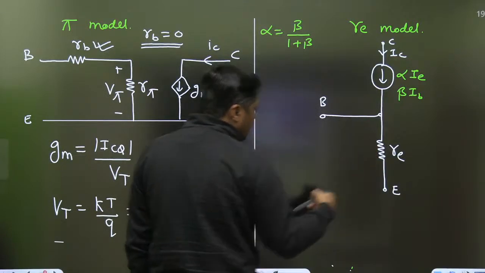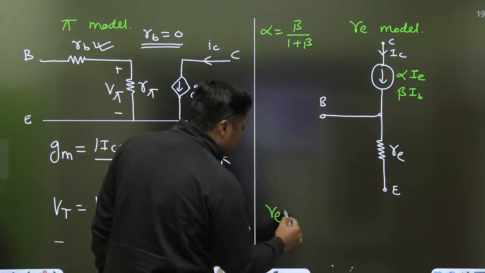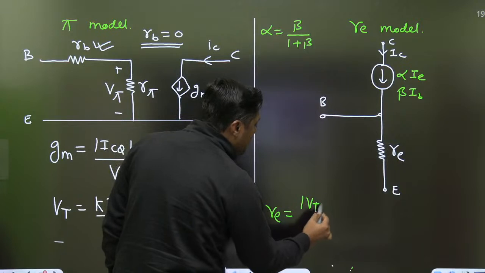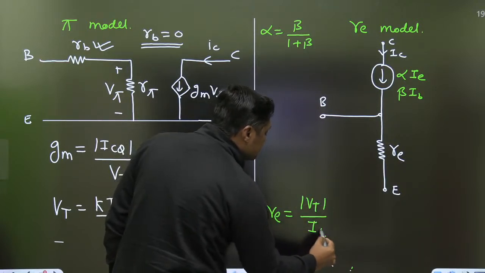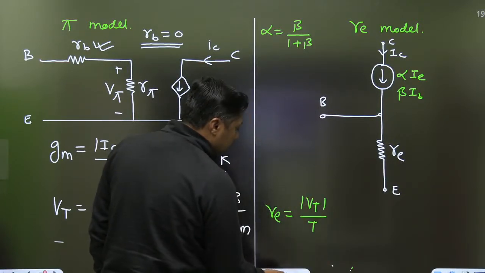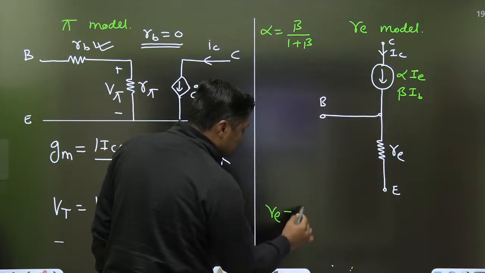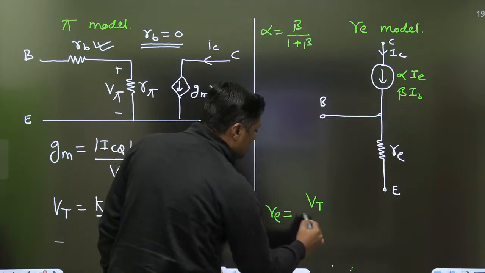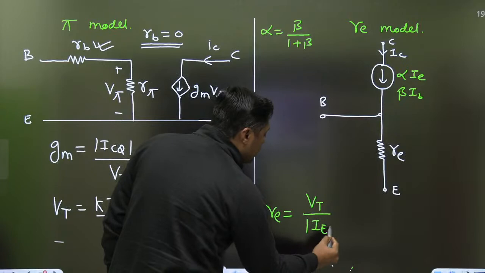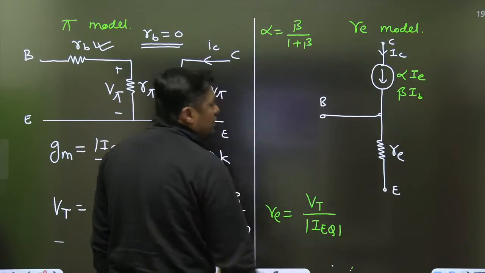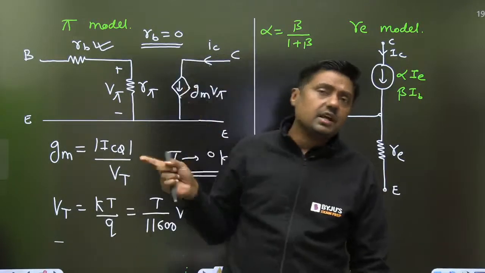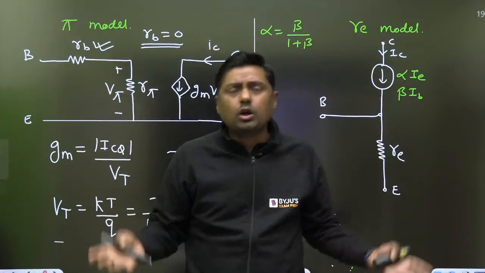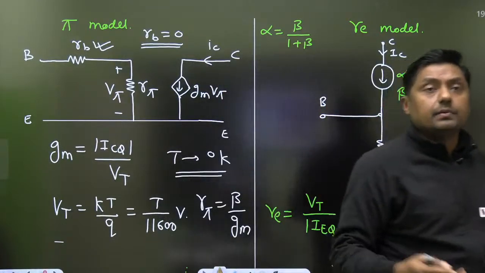Now in this model, we have to find the re. re is nothing but VT by IE. IE means DC current, IEQ. So from the DC analysis, first of all find the IE, and then you can find the small re.